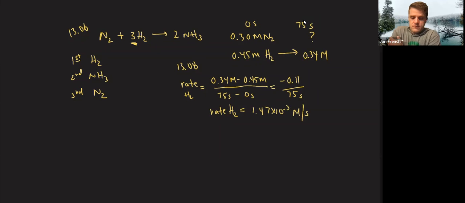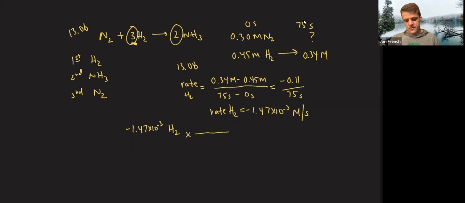All right, now we want to find the rate that ammonia is produced, right? We know we can just take those coefficients. I know the rate of hydrogen. I know that should be a negative because it's being consumed in the reaction, 1.47 times 10 to the minus 3 hydrogen.